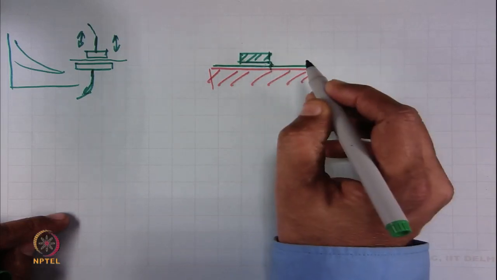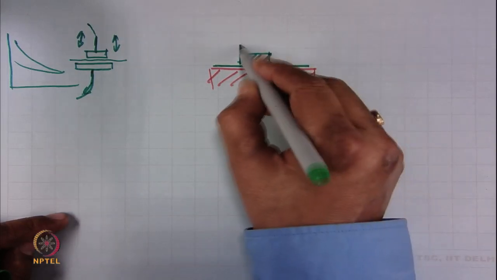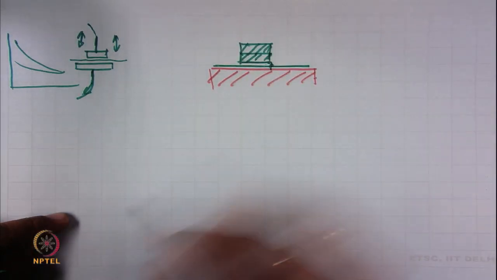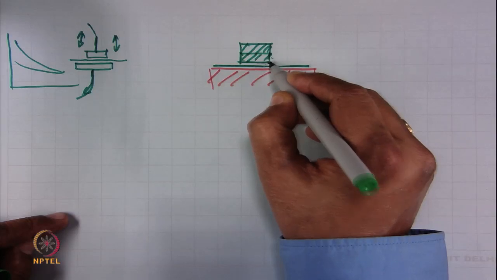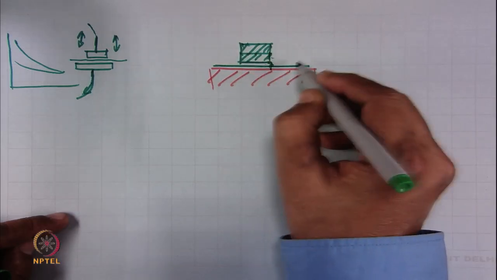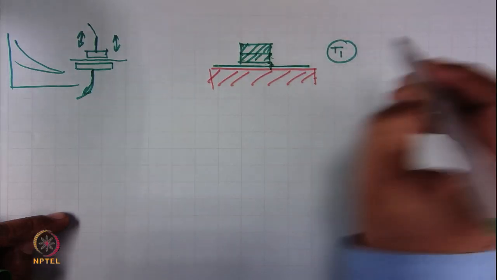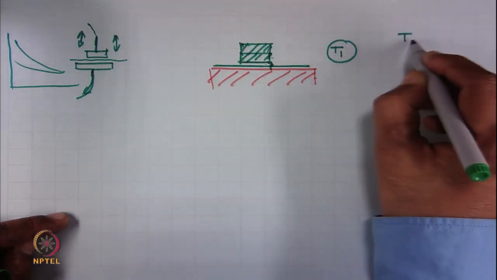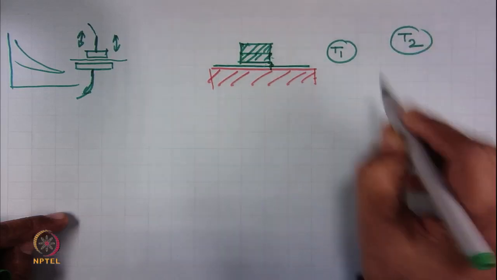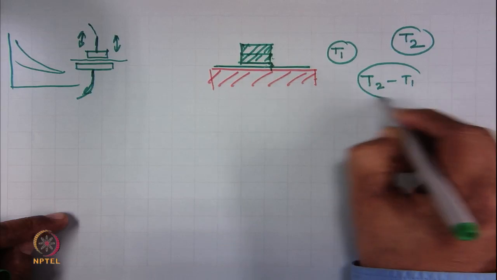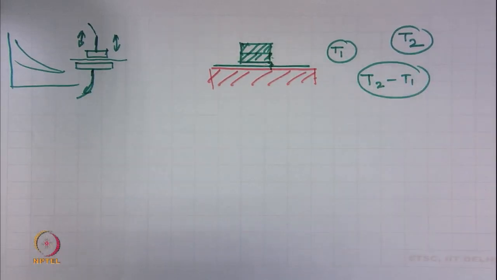Initially there is a smaller load, then we increase the load and measure again. T 1 is the initial thickness and then after the higher load it is T 2, and the difference between T 2 and T 1 is what we measure. This is actually the surface thickness.